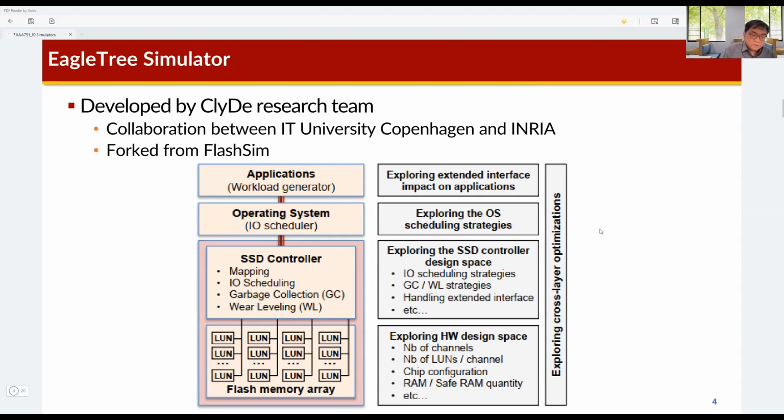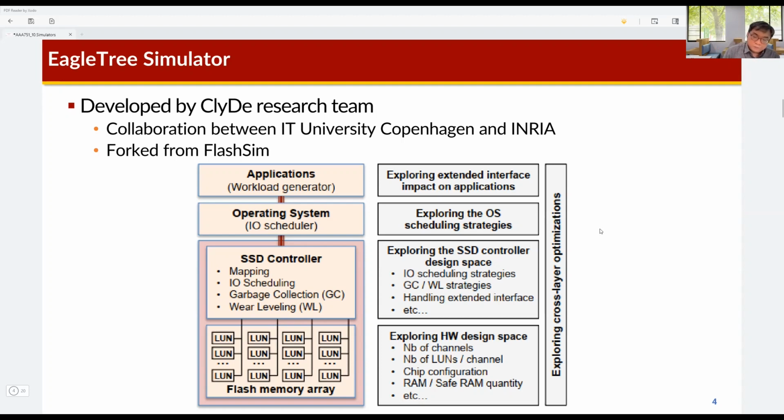This Eagle3 simulator implements the behavior of SSD using the SSD controller and flash memory arrays like this. The SSD controller implements address translation, IO scheduling, and other flash translation layer functions such as garbage collection and wear leveling.